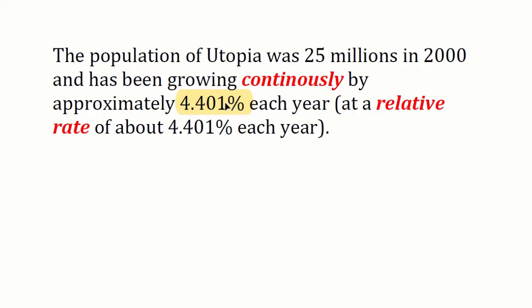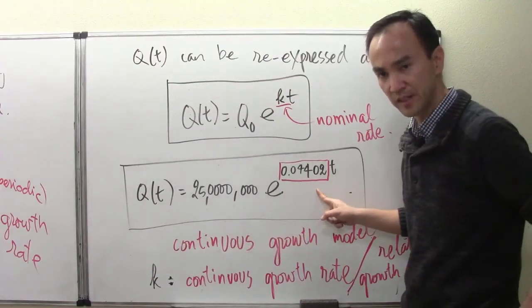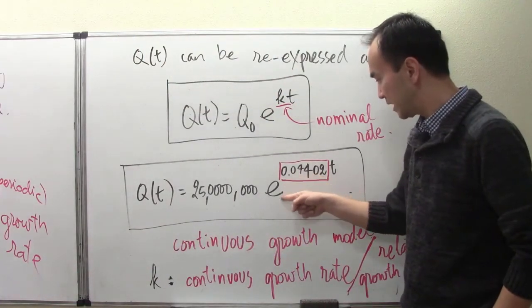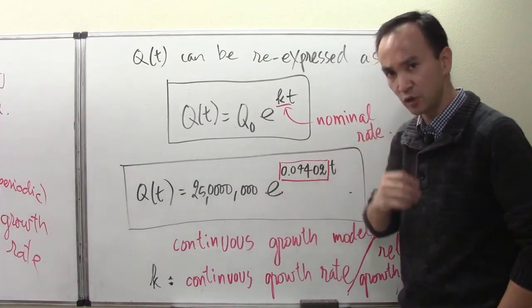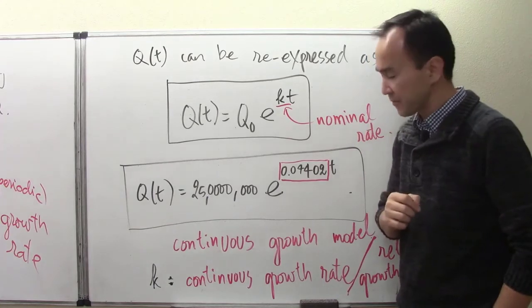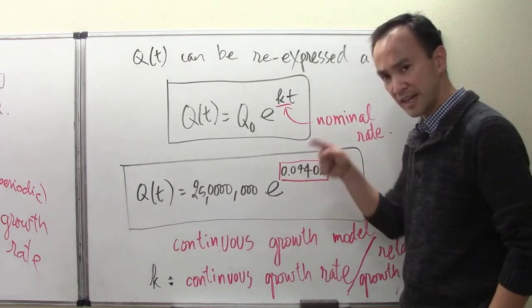Admittedly, I have a little typo here, but on the board earlier it was 4.402% per year. This value is consistent with our calculation earlier: e to the 0.04402. As I said, I had a little typo on my computer screen earlier, but that's how it came up.